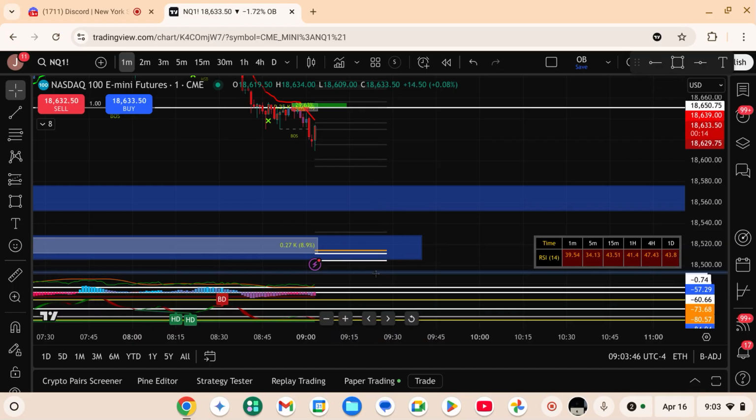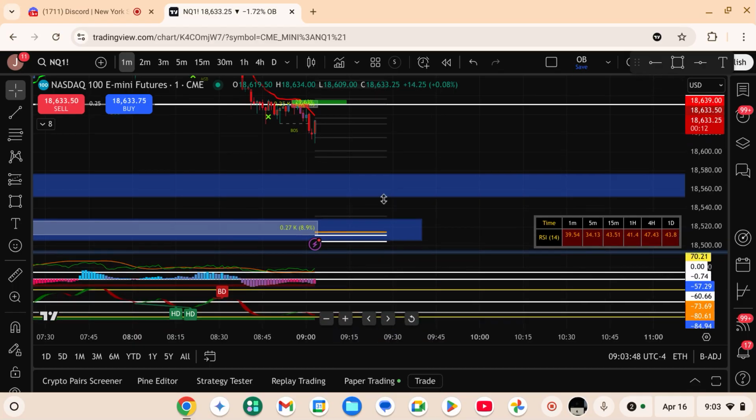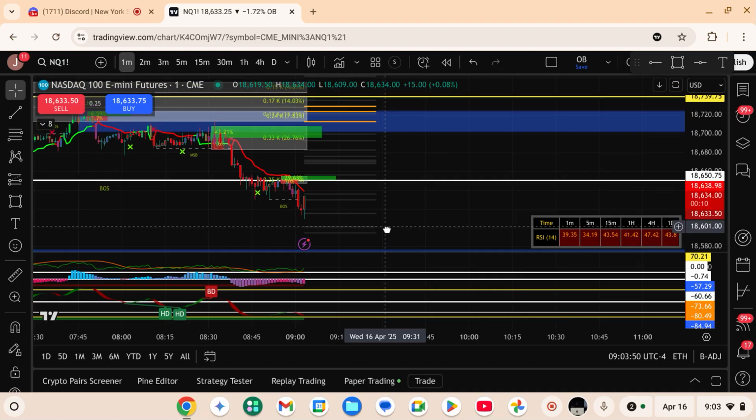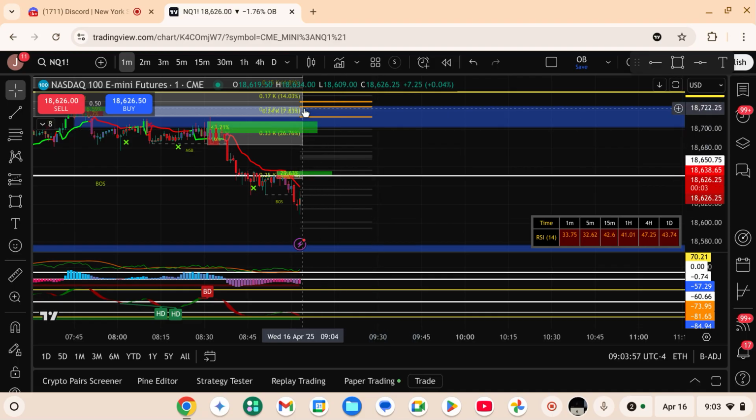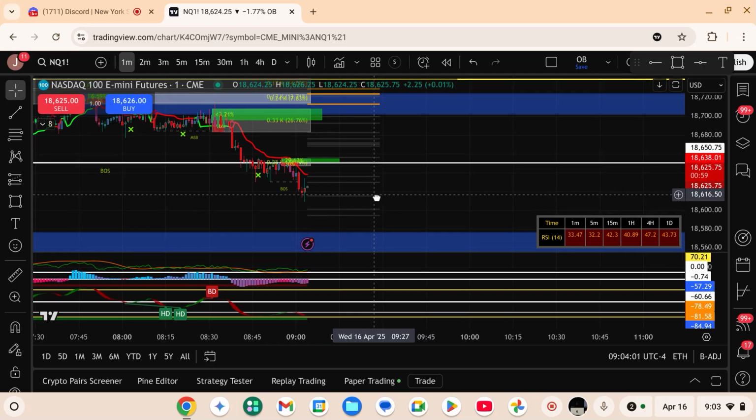So let's wait and see. But if it gets back above this and closes bullish, it's going to target this before we could take a short. So we'll just wait and see what price does.